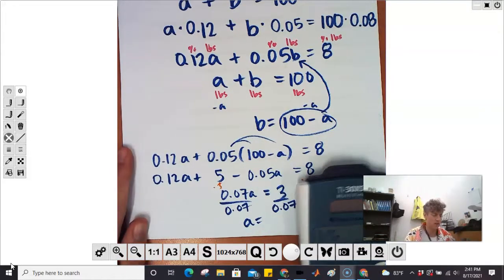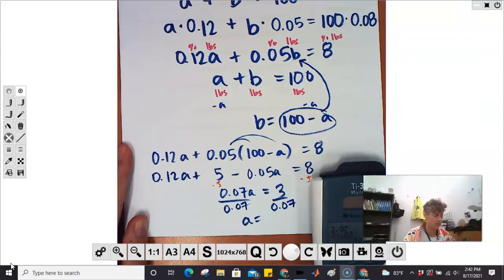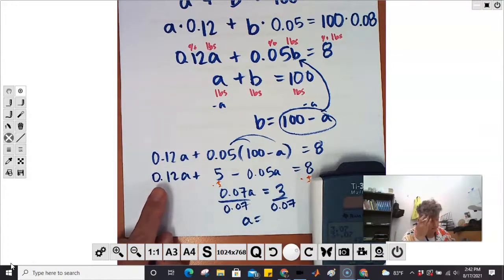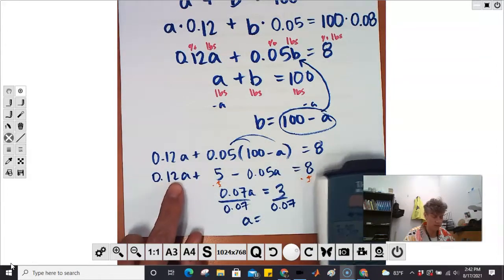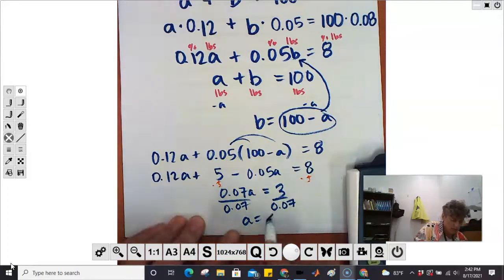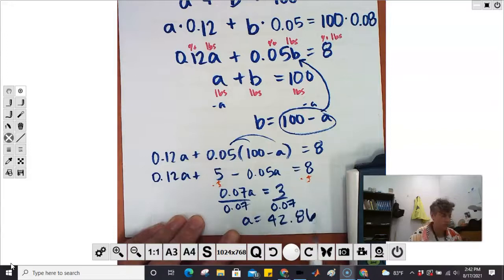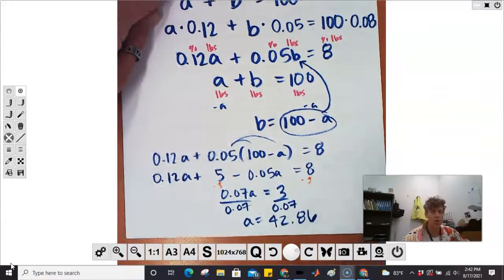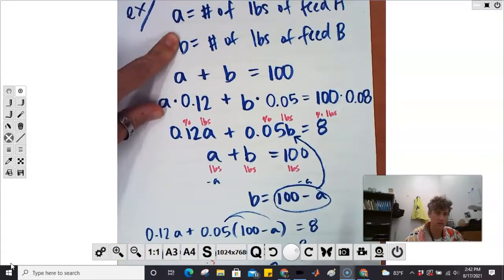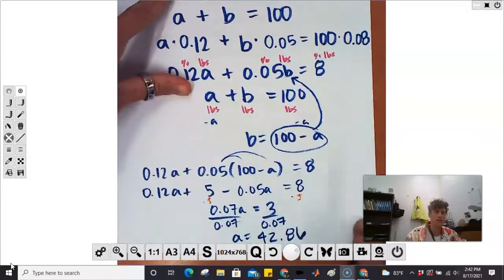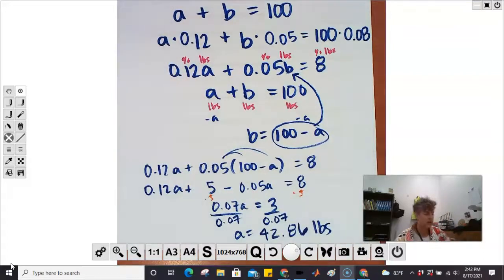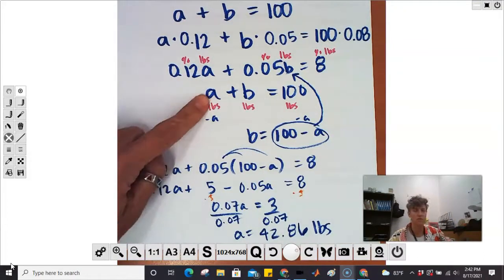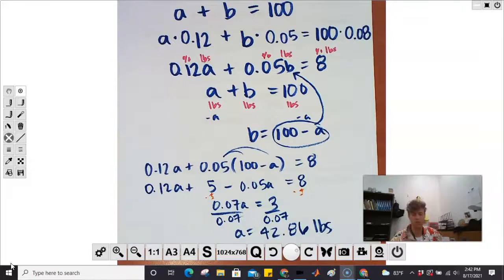Let's round to the nearest hundredth, because that's what we've been using as our largest amount of digits here. 42.86. And what did A stand for again? Number of pounds. A is number of pounds of feed A. So we've got 42.86 pounds. And then we can plug that back into this equation to solve for B.